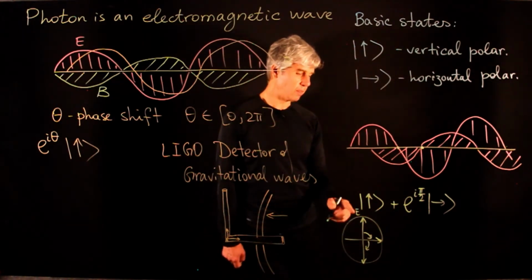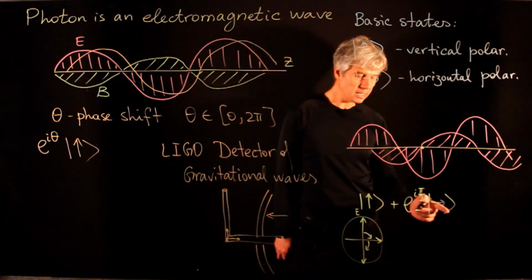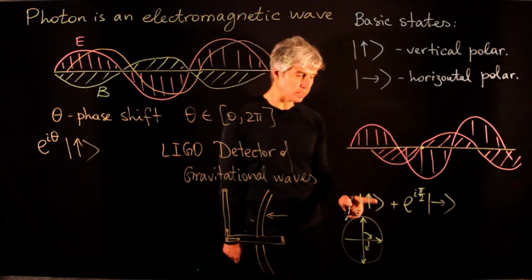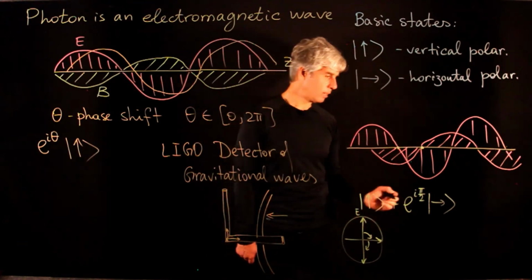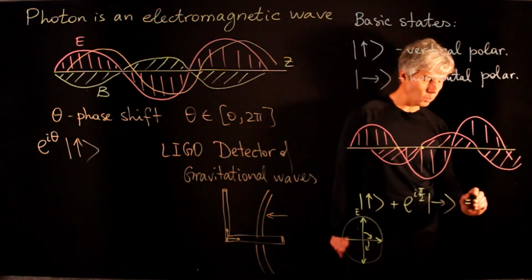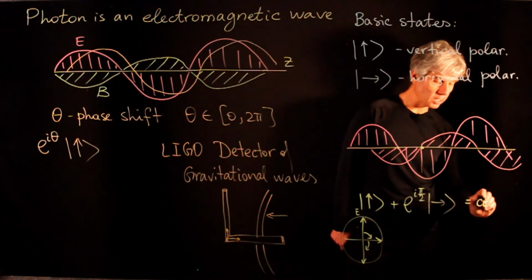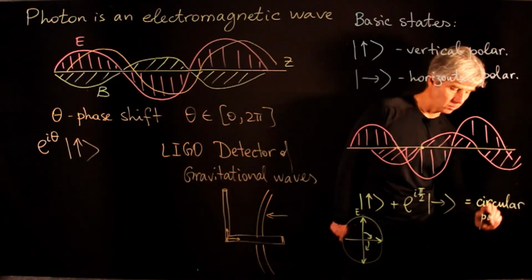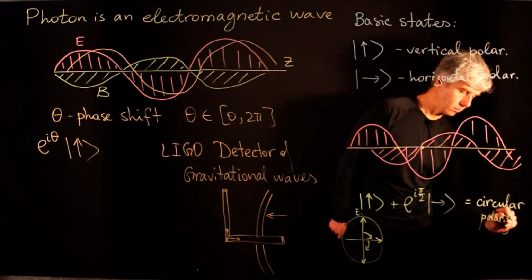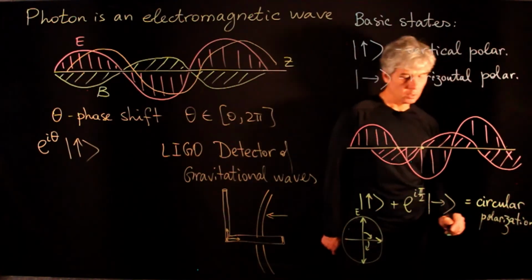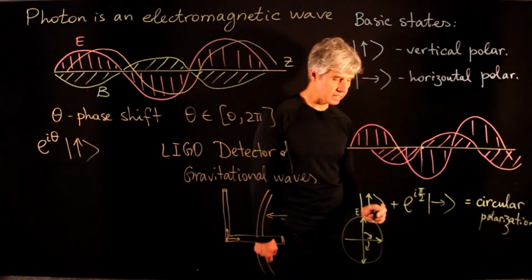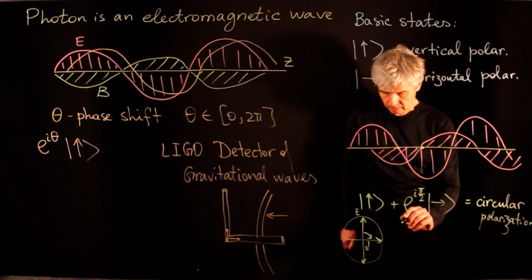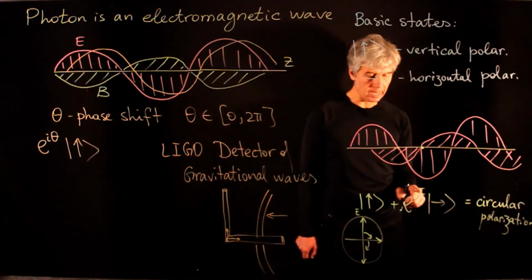And so what we see is that for this state, the direction of the electric field rotates. And for this reason, this is called circular polarization. So this is a circularly polarized state. And so, what is e to the i pi over 2?